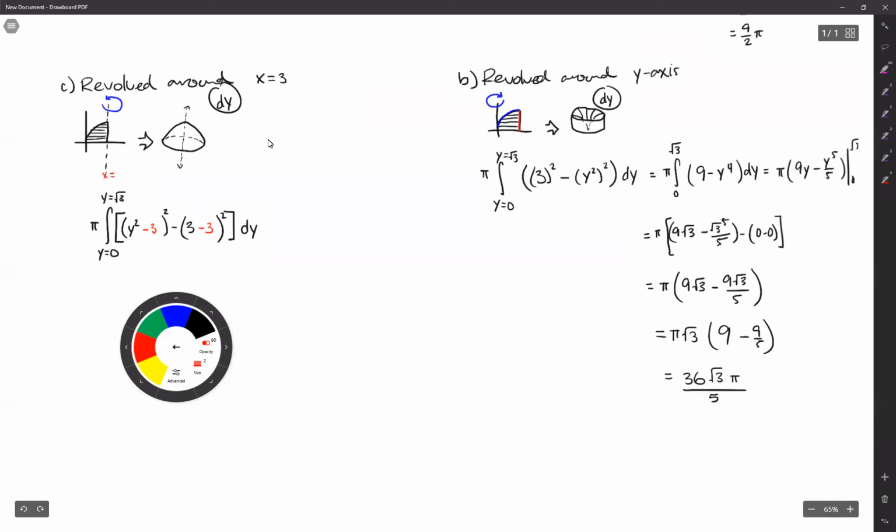So let me also just mark that in red. And here too, just so you guys know where that comes from. So we subtract our axis of rotation from each of these curves.